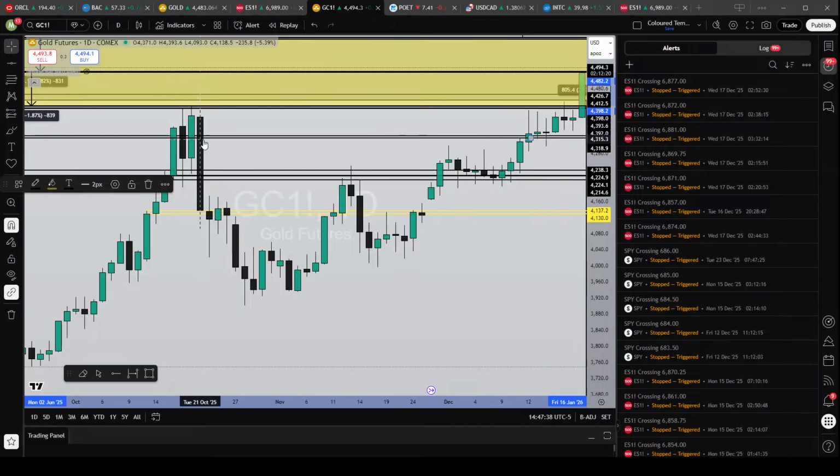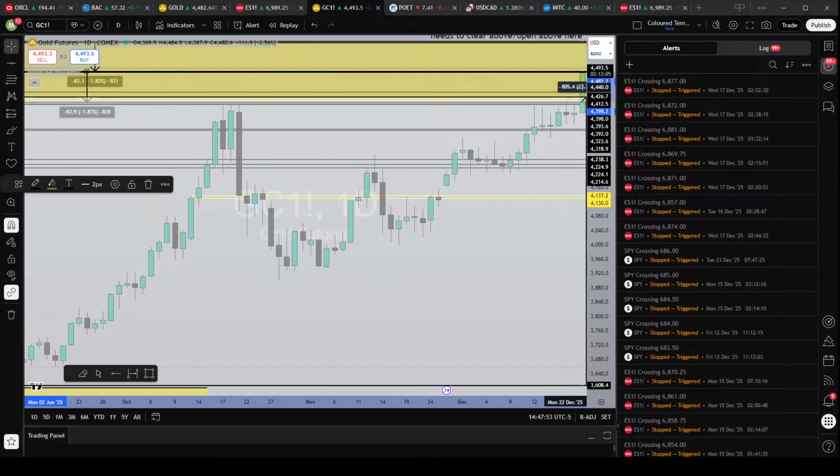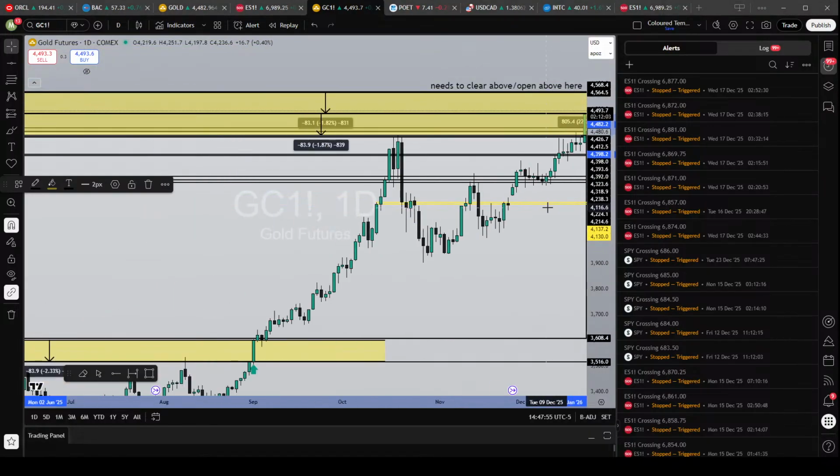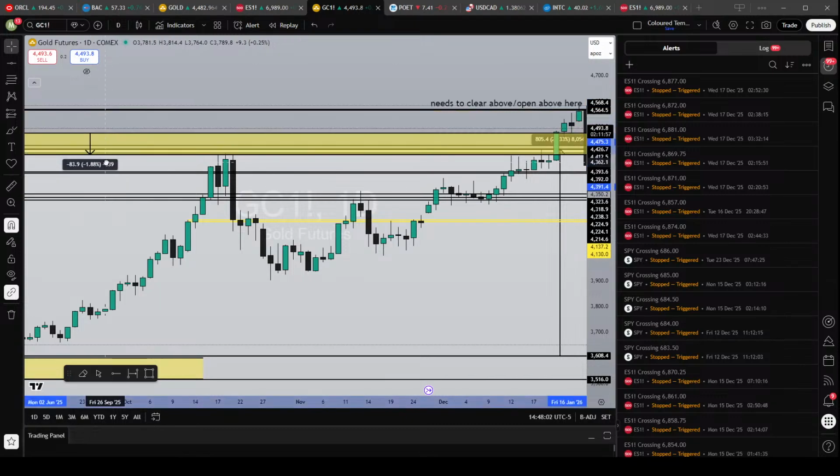I've been using increments of 83.9 on gold, and it's been insanely accurate. I still think gold will keep climbing, no problem. But do you see that range? The only reason this stalled is not because it didn't continue.